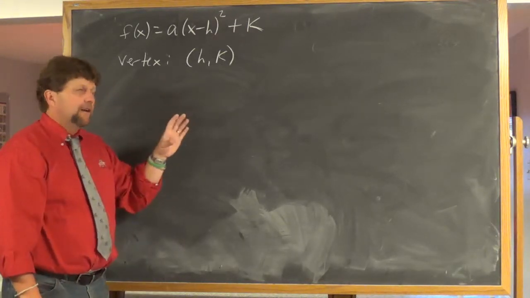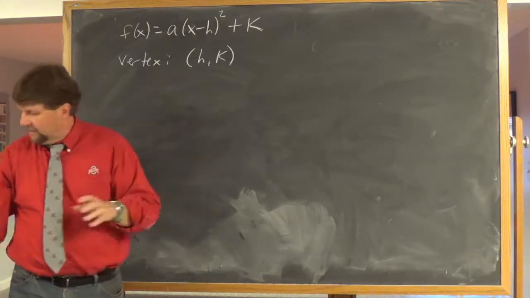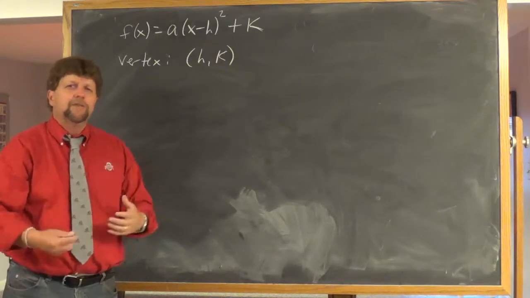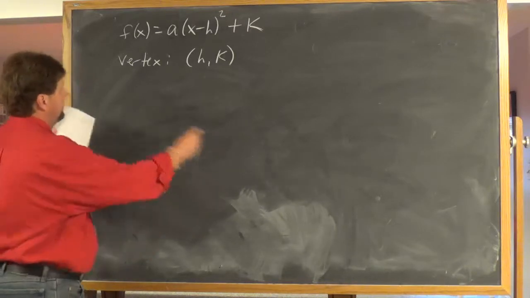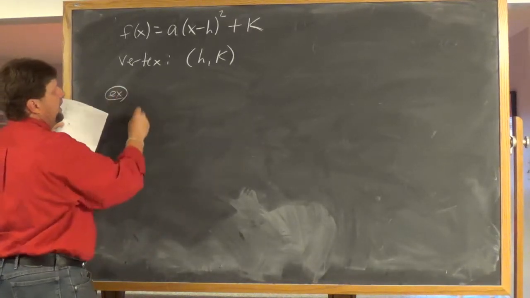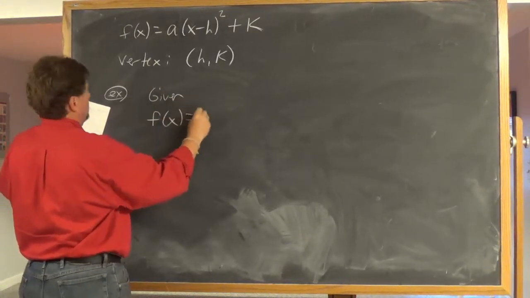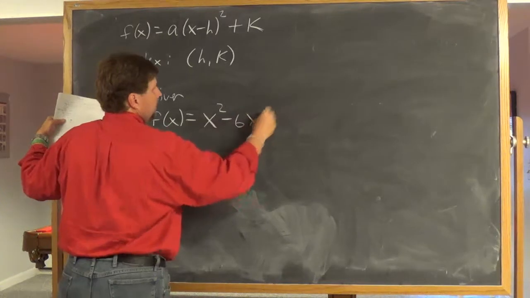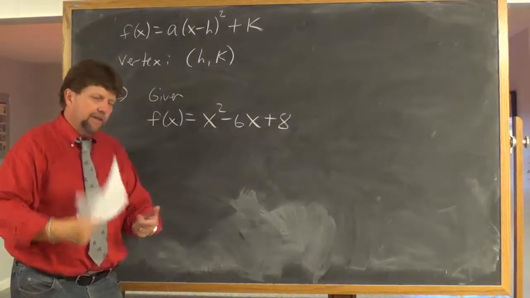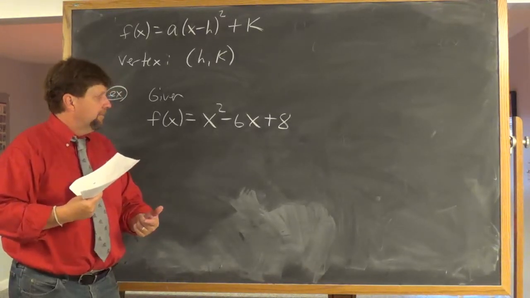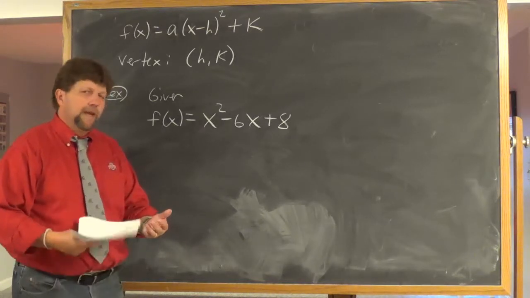I just want to point out something that I would not do. Folks, I don't want you to do extra work. Let's look at an example. If you are given this, and you're asked to graph it, to find the vertex, whether it's a happy or sad parabola, the x-intercepts, y-intercepts, domain, range.